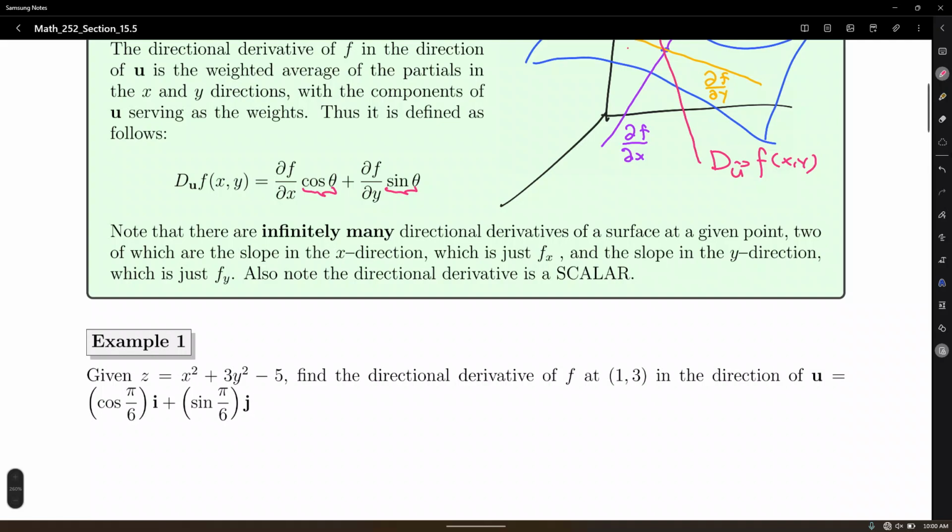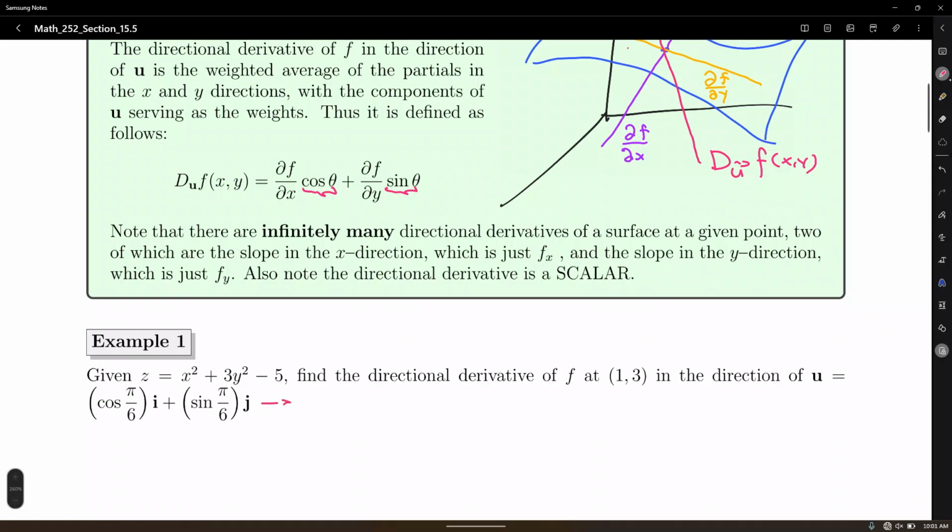Find the directional derivative of f at the point (1, 3) in the direction of this vector. That is, I would like to move from that point on the surface to, what is that, 30 degrees. Not anymore in the x direction, not anymore in the y direction. I want to know what's my derivative, what's my rate of change if I go 30 degrees along that point. All right.